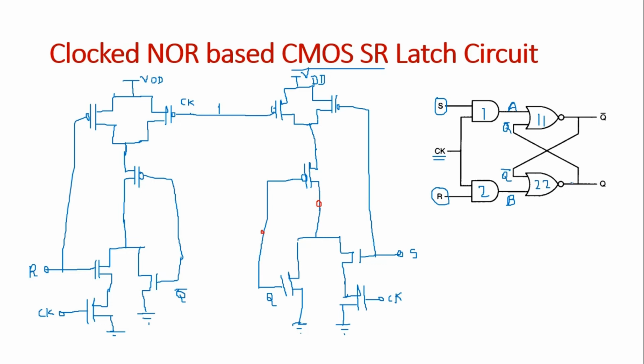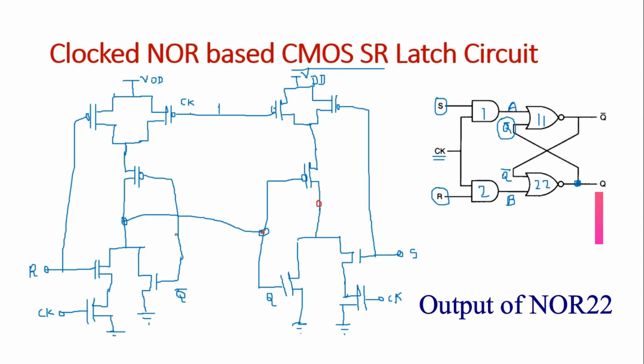So let us say this is the Q, and Q is connected to the output of the R and the clock. So this particular Q is connected to the output point over here. So we will connect this Q point to the output of the R and clock. So this is one connection.